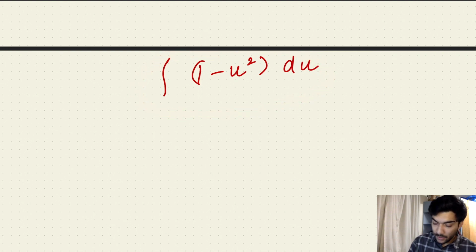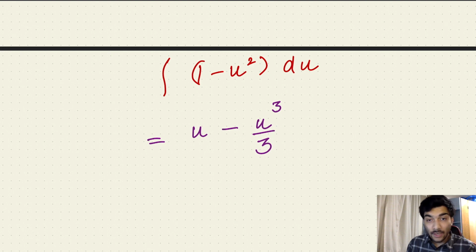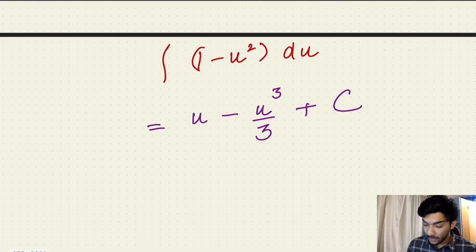If you want the answer in terms of u, it would just be the integration of 1, which is u, minus the integration of u square, which is u cube by 3. And since you are calculating an indefinite integral in this case, you'll add the constant of integration as well, right?